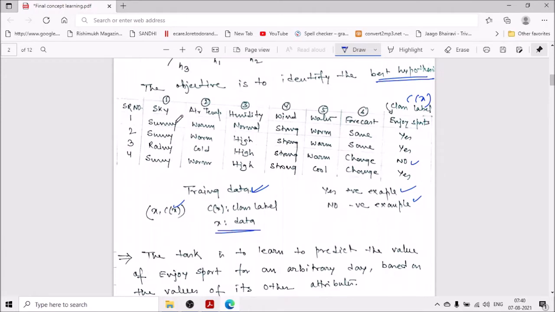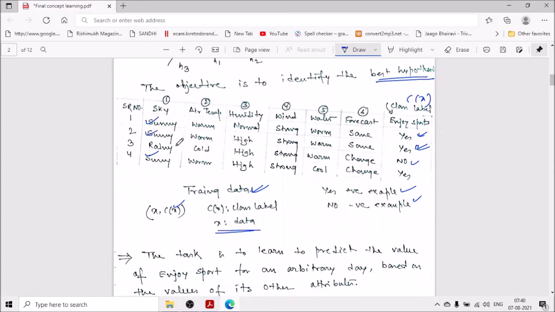Now say if the sky is sunny, air temperature is warm, humidity is normal, wind is strong, water is warm, forecast is same, then the person enjoyed the sport. Similarly, in another instance, sky is sunny, air temperature is warm, humidity is high, wind is strong, water is warm, forecast is same, he or she enjoyed the sport.